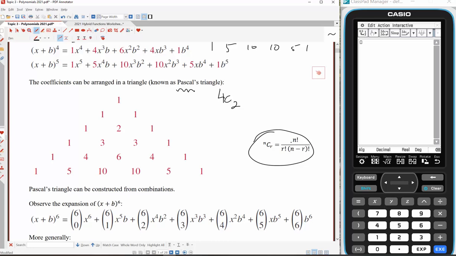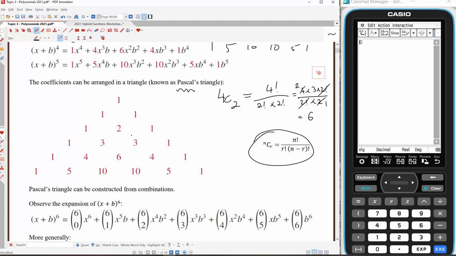Using the formula, it is going to be n factorial, which is 4 factorial, over r factorial, which is 2 factorial, times (n take r) factorial, which is 4 take away 2, which is 2 factorial. Now that's 4 times 3 times 2 factorial over 2 factorial times 2 times 1, but we're not going to multiply by 1. That cancels with that. That cancels with that. It's equal to 6.